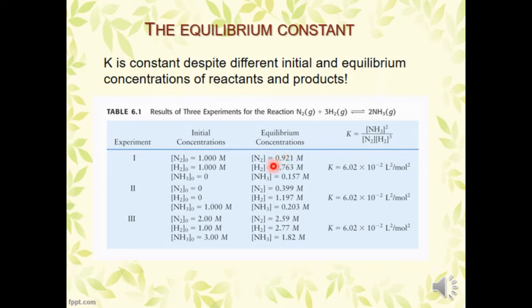If we substitute these values in the expression here, you will end up getting the same equilibrium constant value for every set. Note that the factor that is changed here is concentration. So concentration will not change the value of the equilibrium constant, but temperature will.